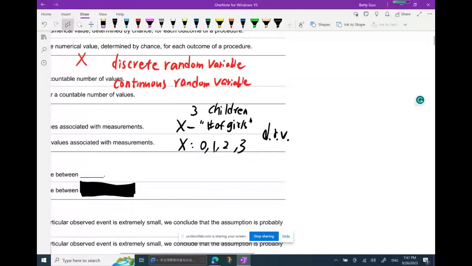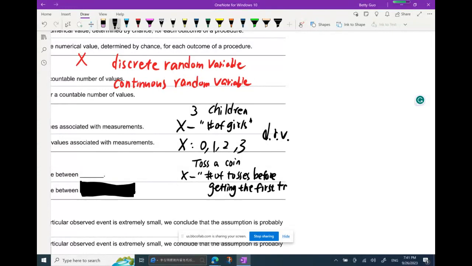Another example, let's say we toss a coin, and we use random variable x to be the number of tosses before getting the first tail.